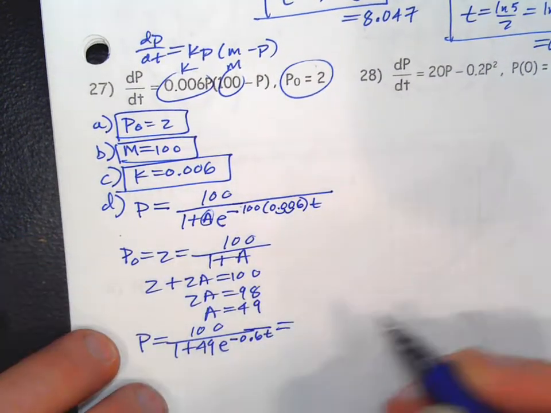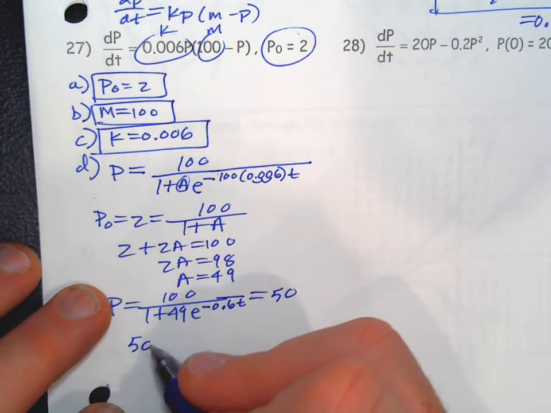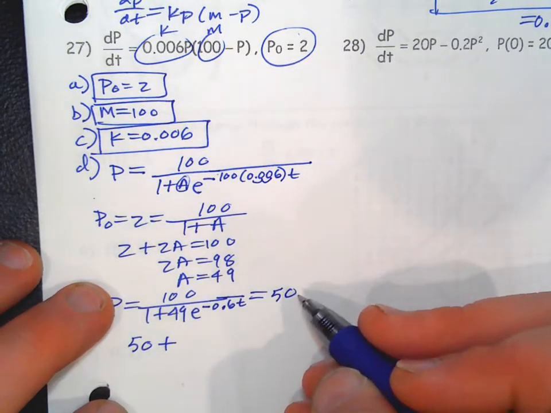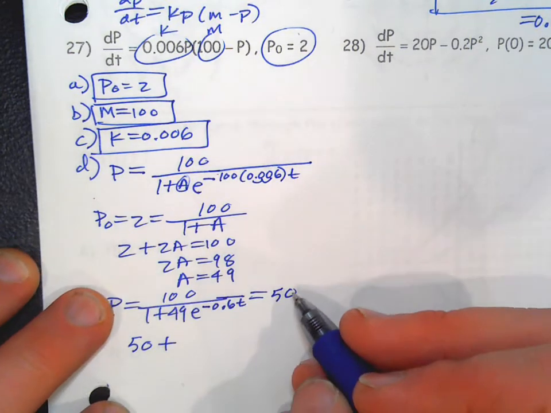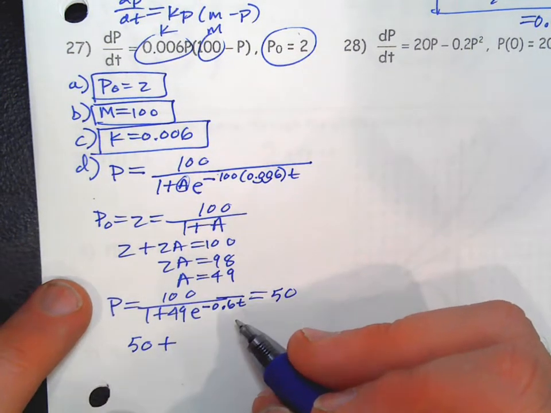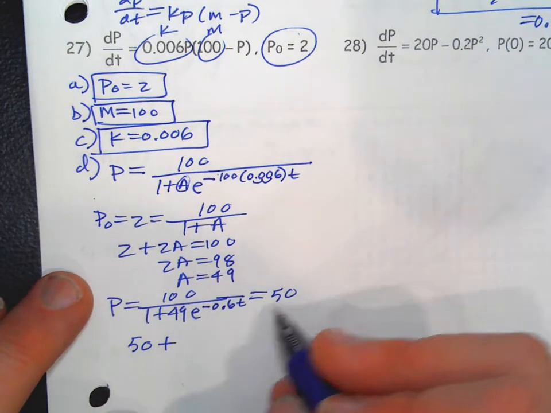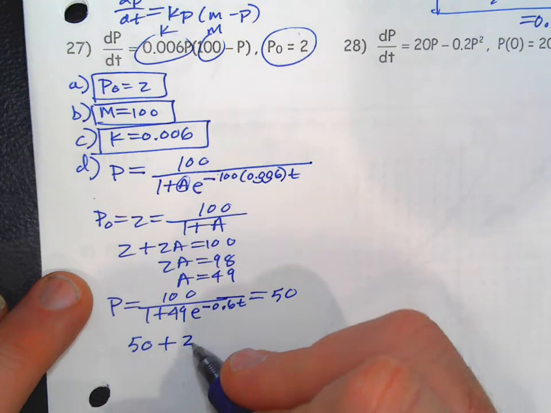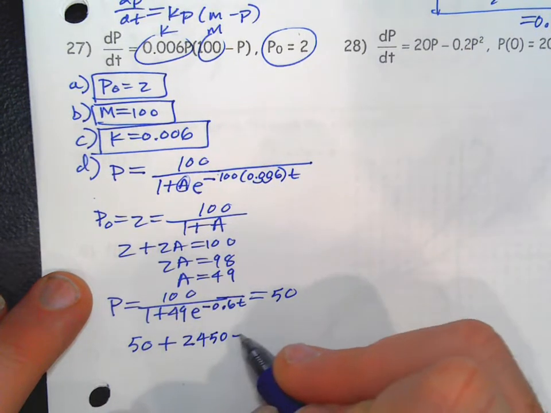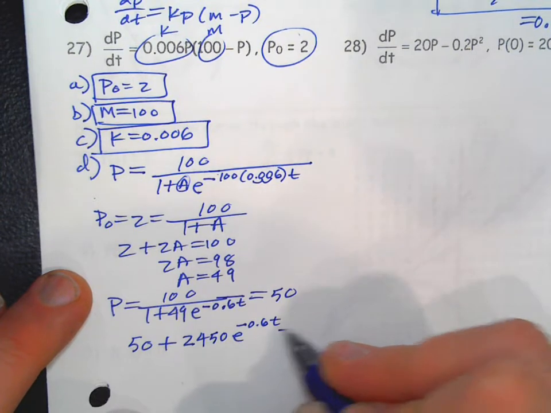We're going to set it equal to half the carrying capacity, 50. And then we're going to solve: 50 plus, 5 times 50 would be 2,500, and then we subtract 1, so 2,450 e to the negative 0.6t equals 100.